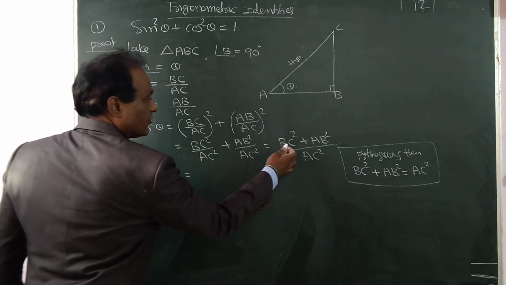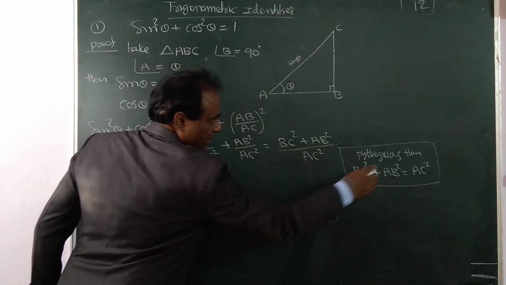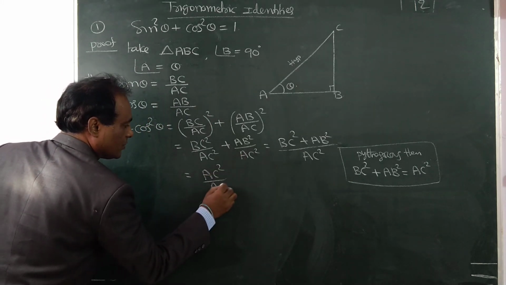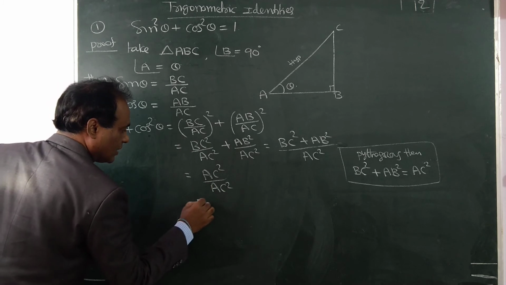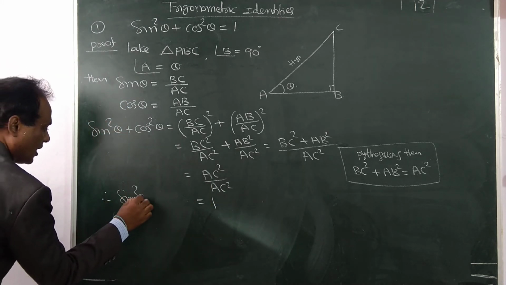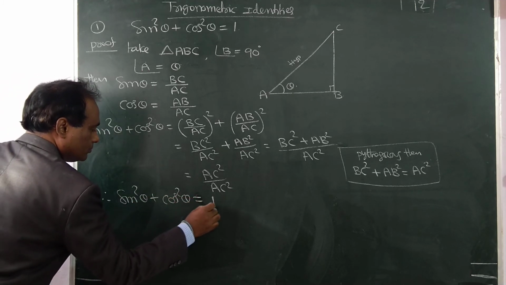That means BC square plus AB square is equal to AC square. So in place of the numerator, I am writing AC square. The denominator is the same, AC square, so it cancels. The answer is 1. Therefore, sin square theta plus cos square theta is equal to 1, proved.